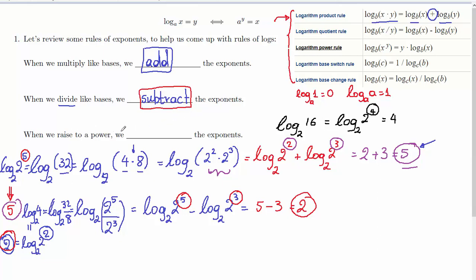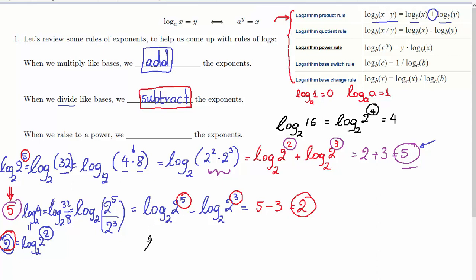Now the third property says that when we raise to a power, then what we actually do is that we bring the exponent down and we multiply it by the logarithm. In a few words, let's look at an example.